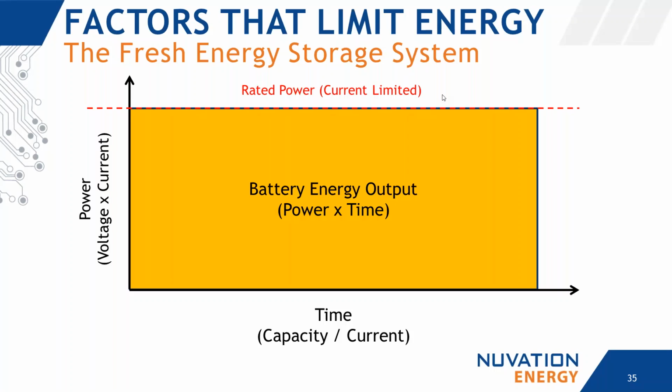If you think about what's inside an energy storage system, well, you've got the bus bar, you've got the switchgear, you do have the cells, but there's all these things that hook it together and make it a system, and the current has to flow through those. So all of those things are rated for a certain power level, and those are chosen based on the application. So basically at the top end, we are current limited in our designs.